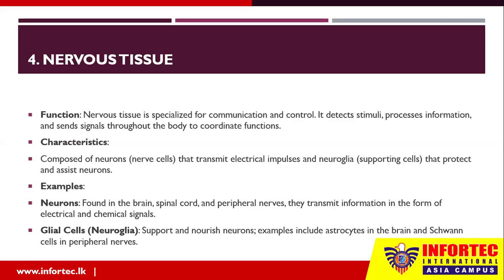For an example, we can take touching a hot object, right? When we touch a hot object, through the skin, through the nervous tissue, it sends a stimulus to our brain, right?